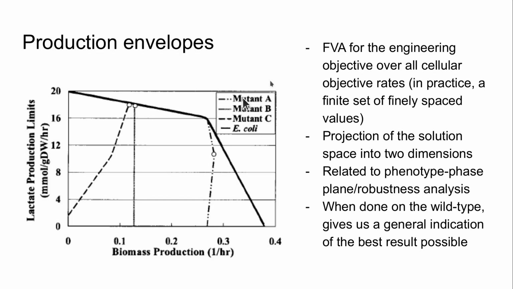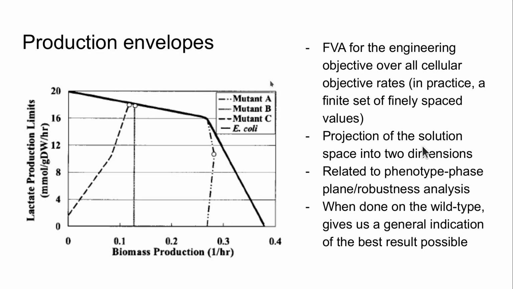And so the fact that this is a very wide angle is also something that doesn't look too good for mutant A. Meanwhile, if we look at mutant B, we can diverge quite far from our optimal growth and still have an acceptable production of the engineering objective. And so the nice thing with our production envelopes is that it gives us a good overview of how reliably we can expect our mutant to produce the desired metabolite.